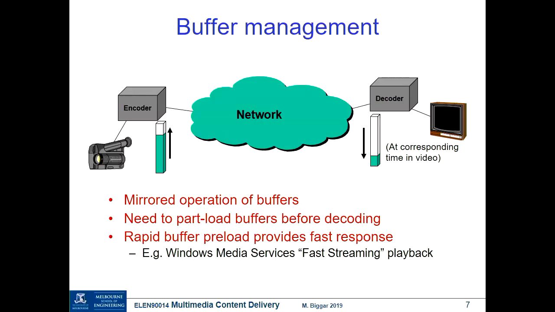We need to part load this buffer, so we need to be generating bytes and loading into this buffer to a certain level before we start reading out. Otherwise, we'll start reading out too soon, and we will empty the buffer some short number of frames or seconds afterwards.